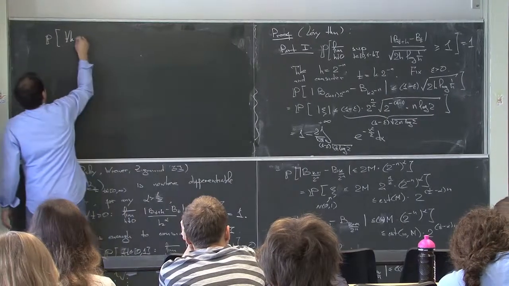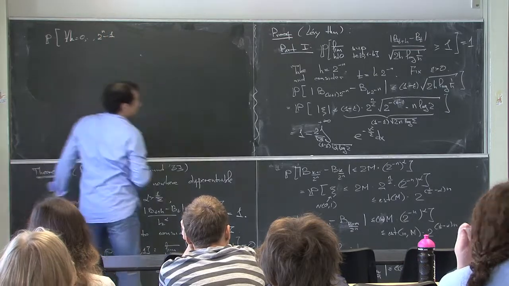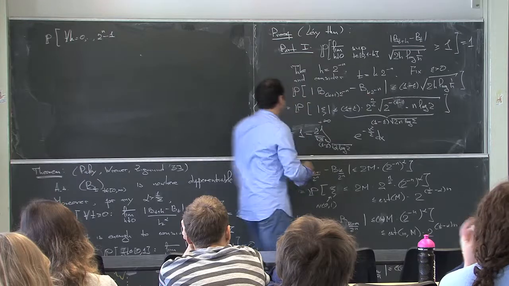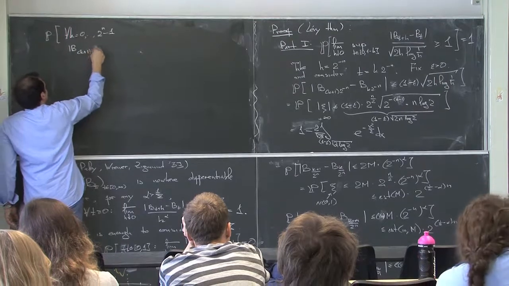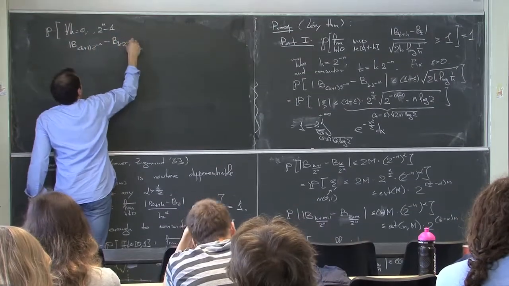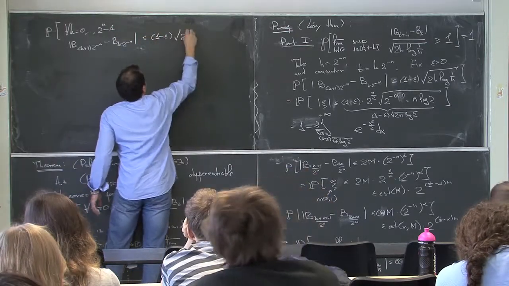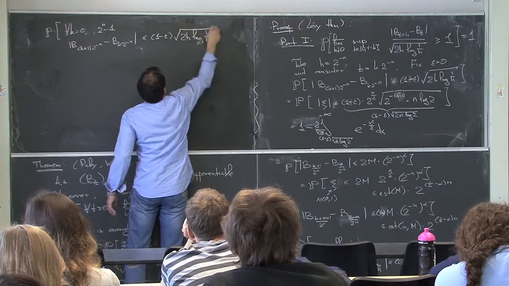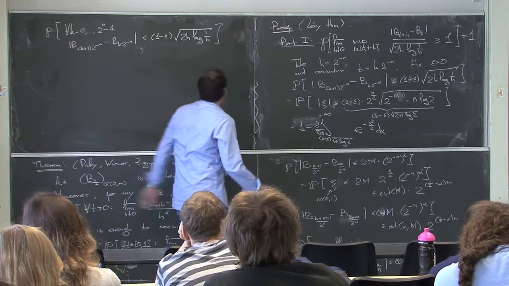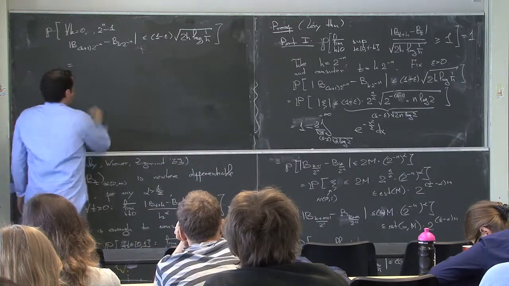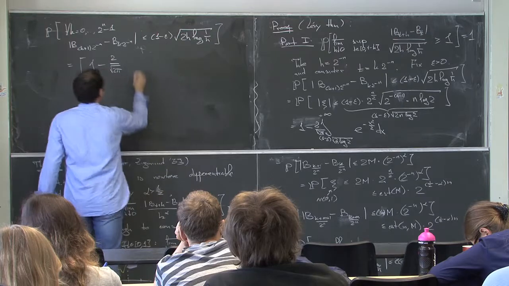For any k from 0 to 2n minus 1, we have this bound: B_{k+1}2^{-n} minus B_k2^{-n} is less than (1 minus epsilon) square root of 2h log 1 over h. So nothing very interesting. So this is just this error term we had.